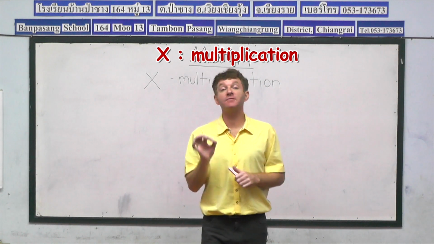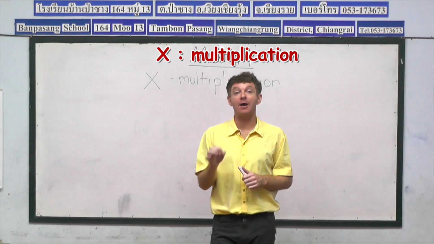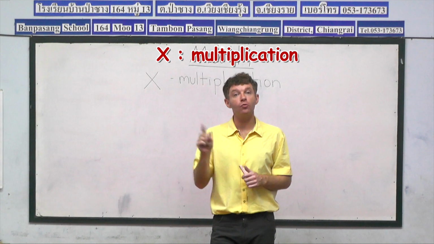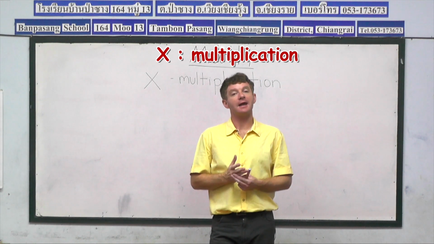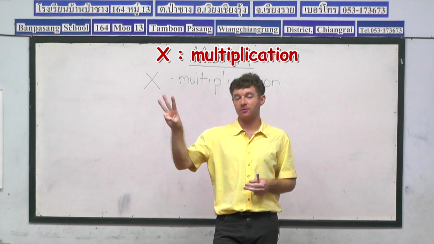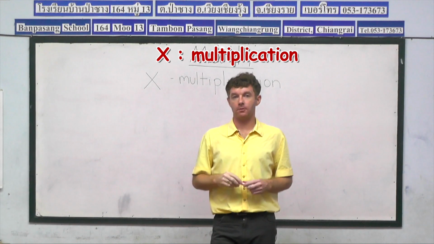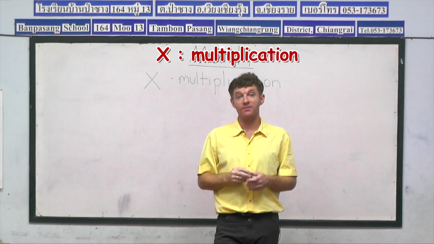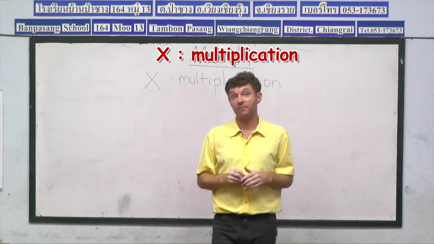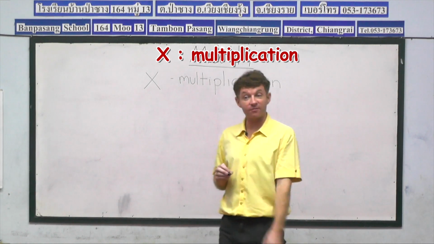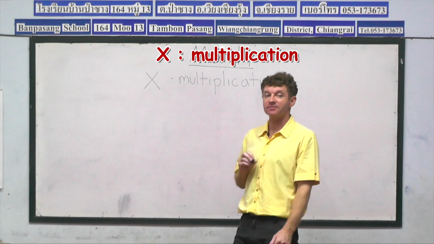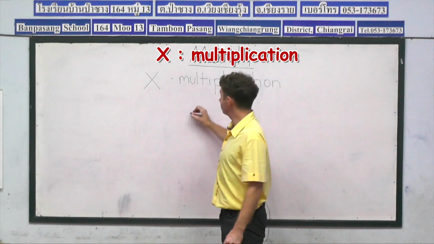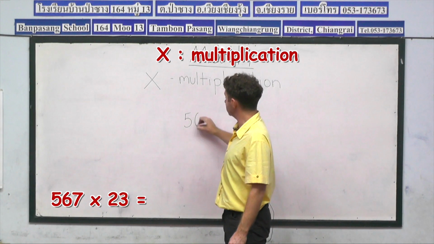And in our previous lesson, we began learning how to multiply by 2-digit numbers. In the last lesson, we did 3-digit numbers by 2-digit numbers. So now, I'm going to have my students come forward and demonstrate a couple of examples. Well, first of all, guys, I need a 3-digit number. 5, 6, 7.